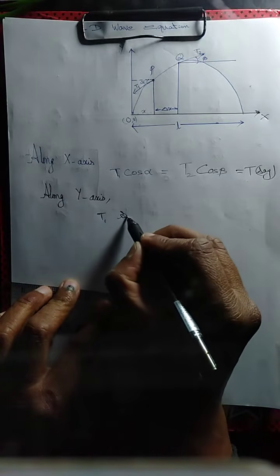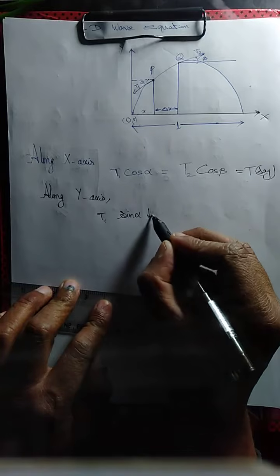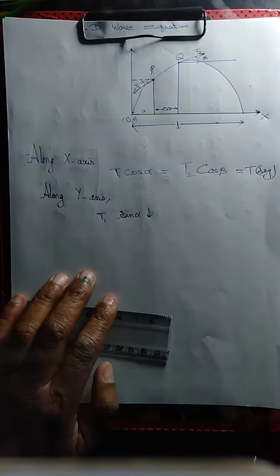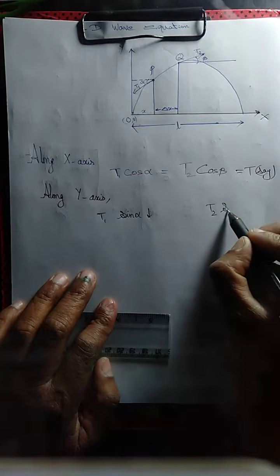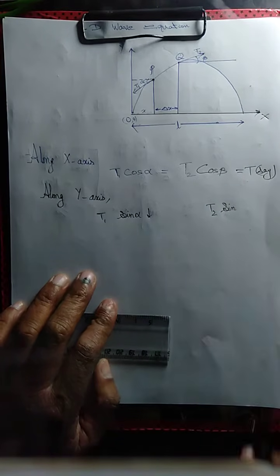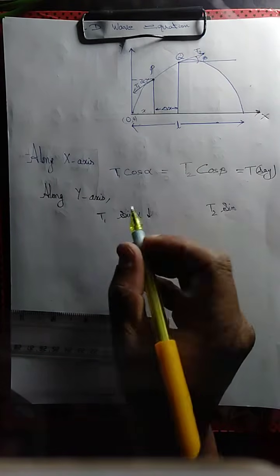You have one force T1 sin alpha that is acting down, and you have T2 sin beta. Let me write it in blue.